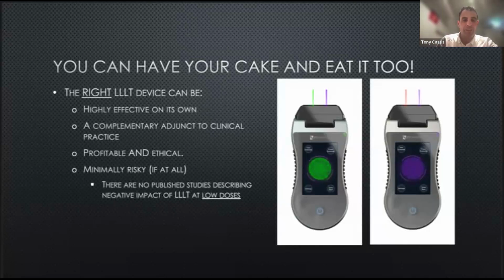Particularly if it's a dicey proposition for me, knowing and having seen it, and now having done the research, the right laser can be highly effective on its own, or a really complementary clinical adjunct to your practice. When I use this laser on those that I choose to use it with, we will, at worst, have no negative effect, because there's very little published research on negative effects of laser at low doses.